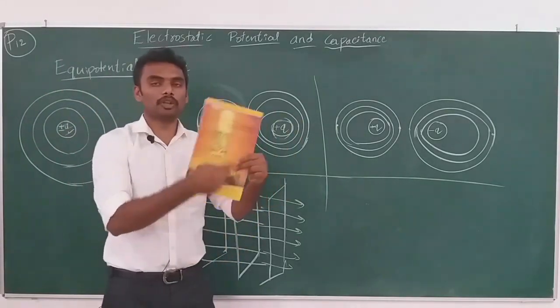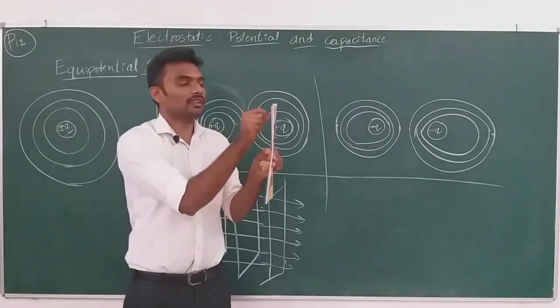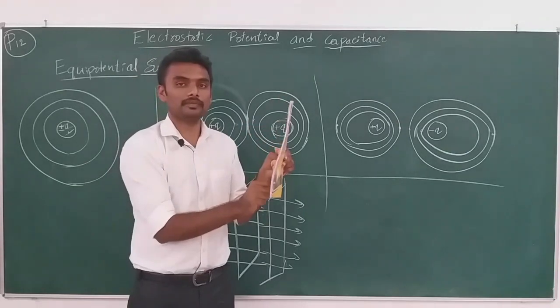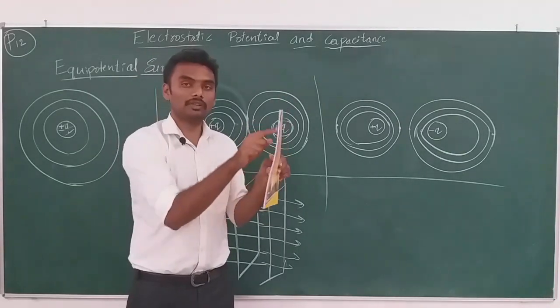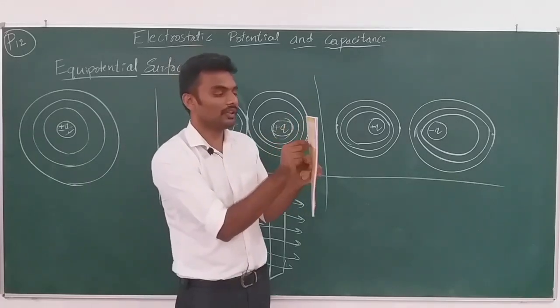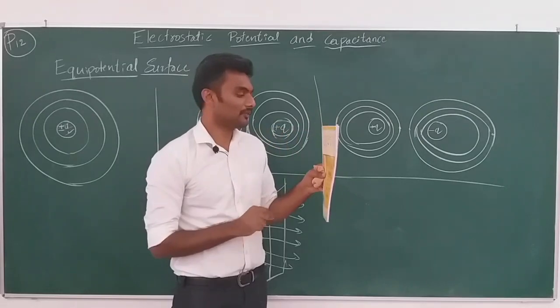So this is the equipotential surface, and this is how the electric fields are going. Obviously at all these points the electric field is the same, and the potential will also be the same. When you have the same potential, you don't need to do any work to move a charge within this surface.